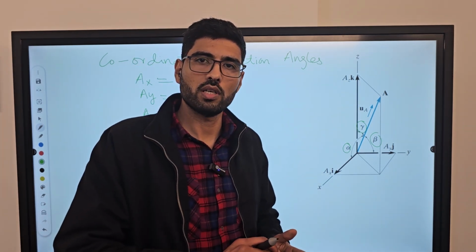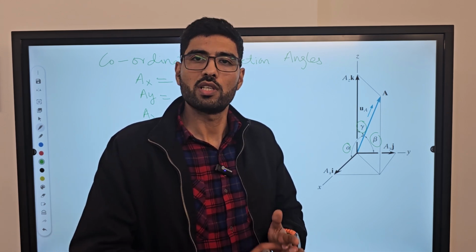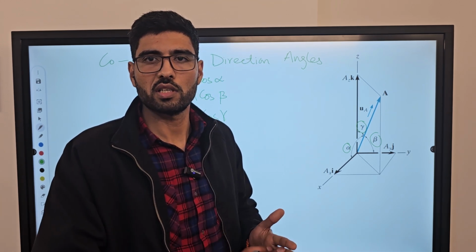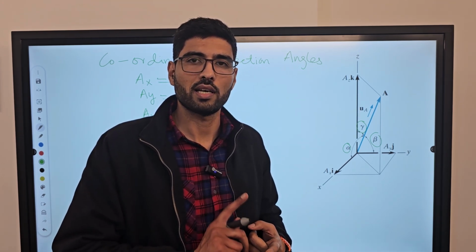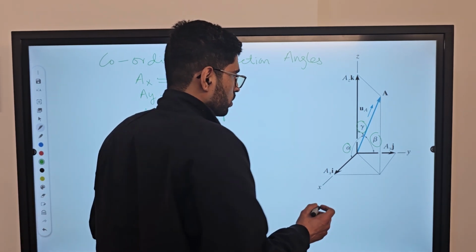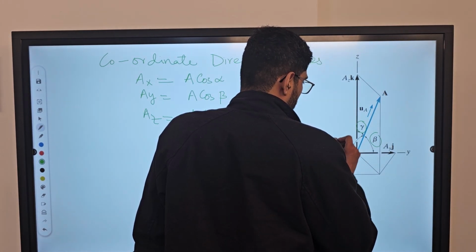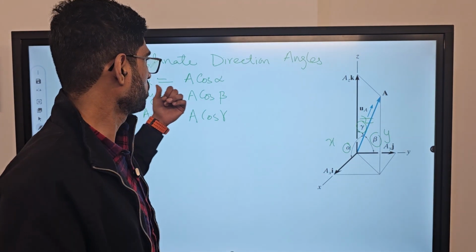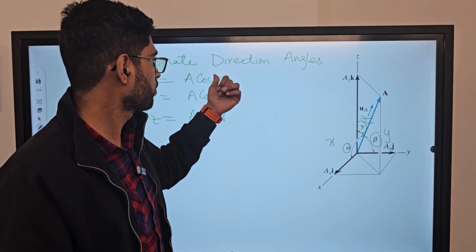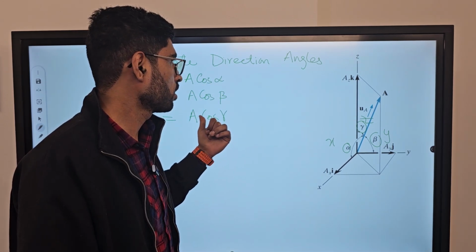So whichever name is given to the angles with the x, y, and z axis, AX, AY, and AZ will be the cos components according to those given angles. If the angles are angle x, angle y, and angle z, then AX will be A cos of x, A cos of y, A cos of z.